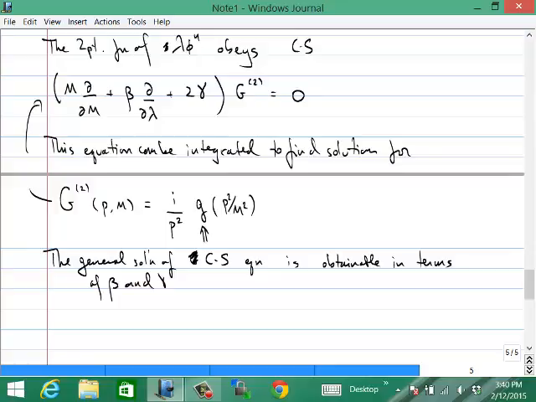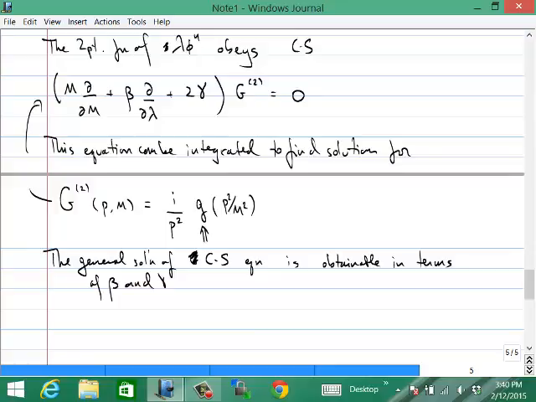Yeah, I mean, sort of. Well, it's more like a heat equation than a Green's function, because it's a first-order differential equation rather than a second-order differential equation.